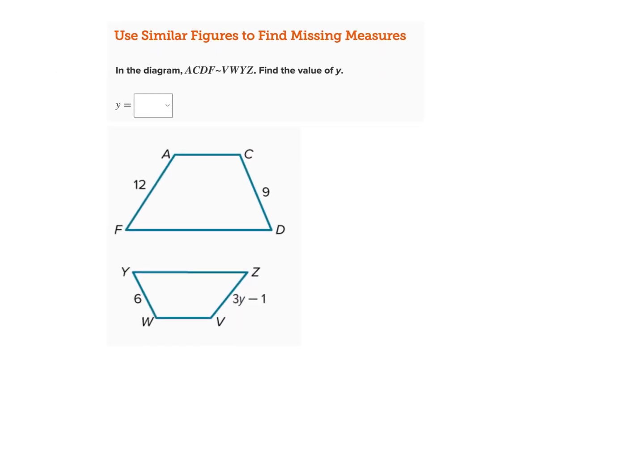Okay, let's give this one a shot. AF is the last two letters, so it's going to correspond to the last two letters VZ, and then CD, which is the middle two letters, will match the other middle two, which is WY.